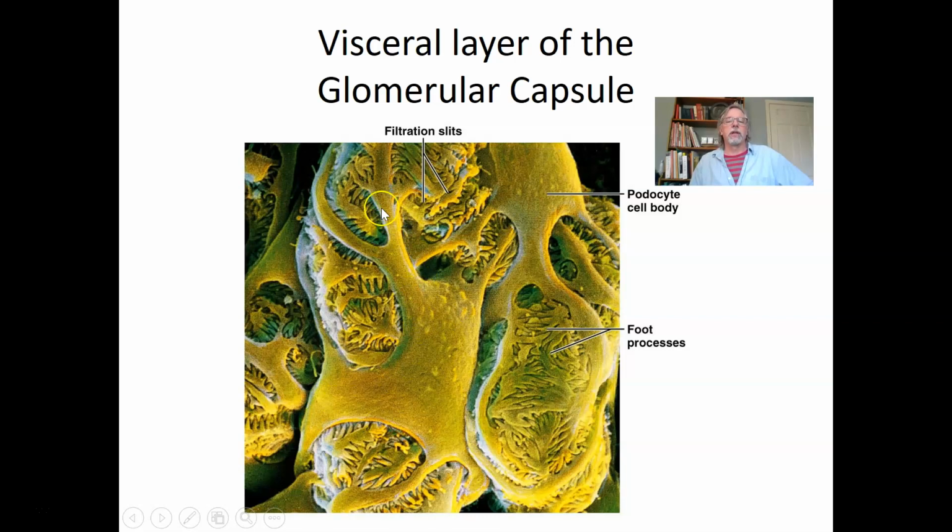These are all the extensions and the foot processes. You can see how they're interacting with foot processes of other cells. And it creates these very fine channels between them, the filtration slits. Okay, so the visceral layer of the capsule is involved in the filtration process by forming these fine filtration slits. And that's going to limit what can get out of the blood capillaries into the capsular space.